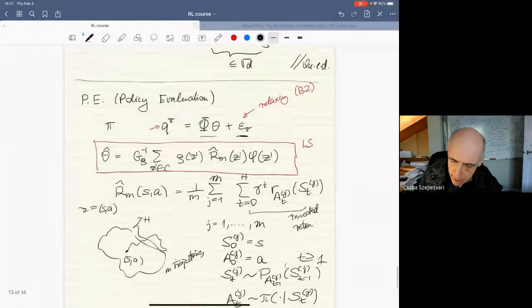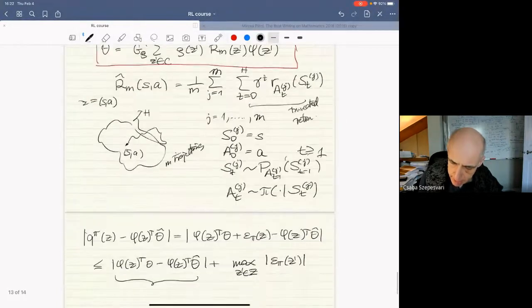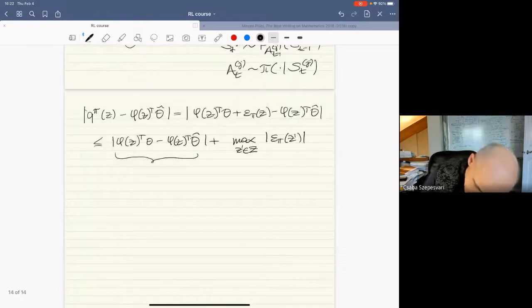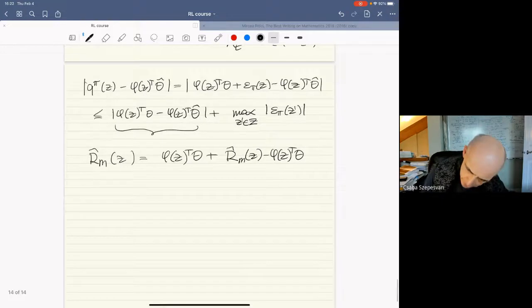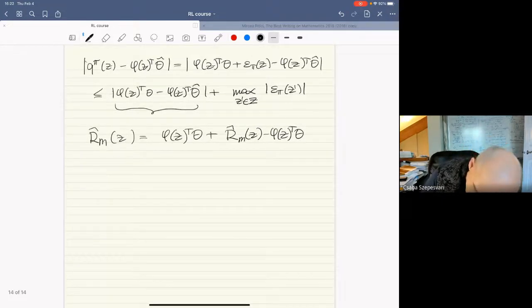If we write this r hat of m z prime as phi z transpose theta plus whatever the remainder is, so decompose things this way, then using the corollary, so what did the corollary say?